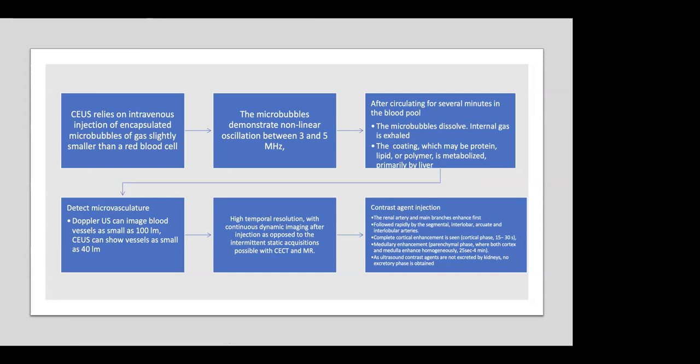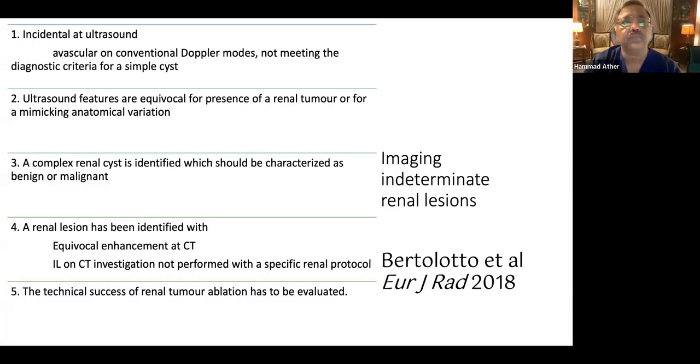Okay. Thank you, Dr. Basit. So let's move on. Now, I'll give you some examples, and we'll have input from Dr. Basit Salam as well on in which situations contrast-enhanced ultrasound can be of help.